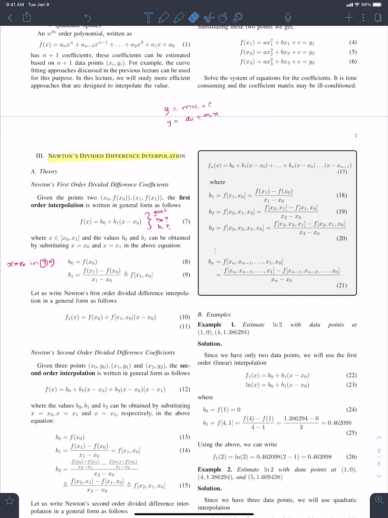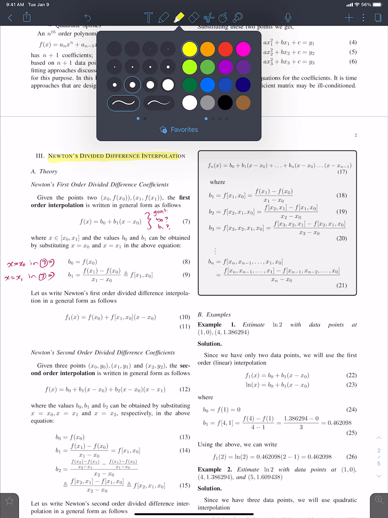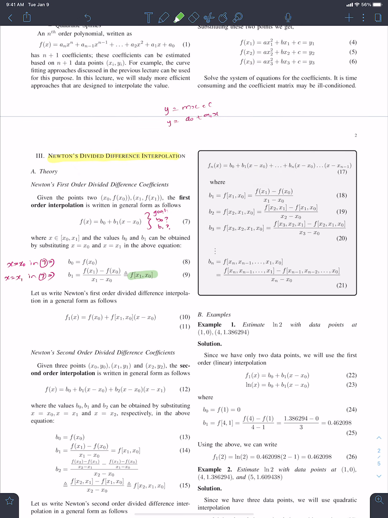Now when you substitute x is equal to x1 in 7, you can easily compute b1. That will come down to be (f(x1) minus f(x0)) divided by (x1 minus x0). So we have a new notation for that. We will call that f[x1, x0].